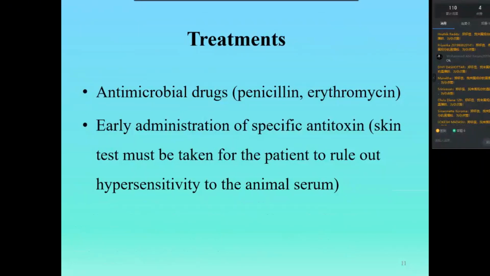You immunize a horse or other animal with diphtheria toxin and collect the serum containing antibody to give that antibody, antiserum, to your patient. But a skin test must be taken for the patient to rule out hypersensitivity to animal serum. So you don't want to bring in more dangerous factors to your patient. So this is early administration of antitoxin.